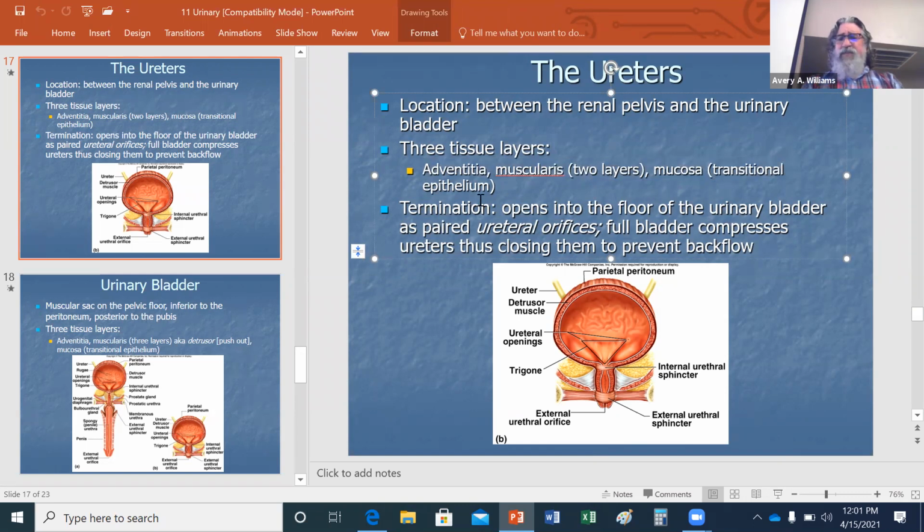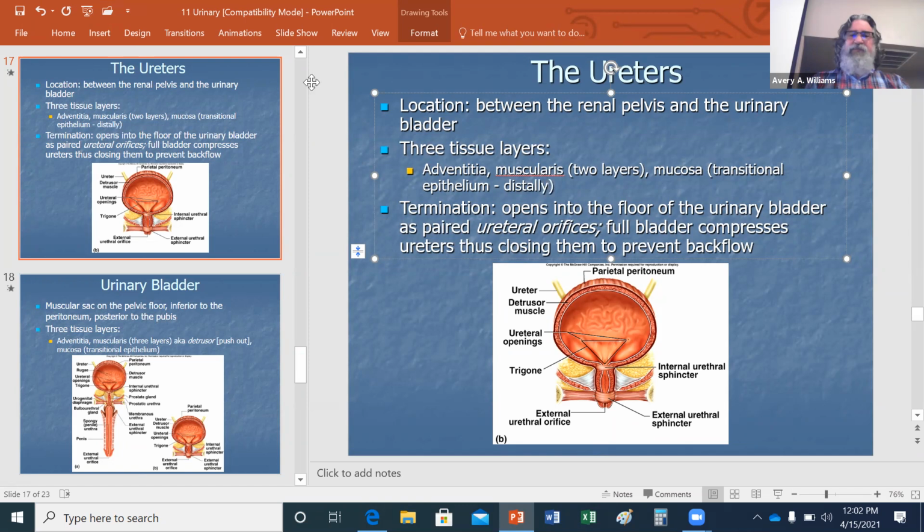It's transitional epithelium. That's true, but distally. I want to insert the word distally. Is that how you spell distally?